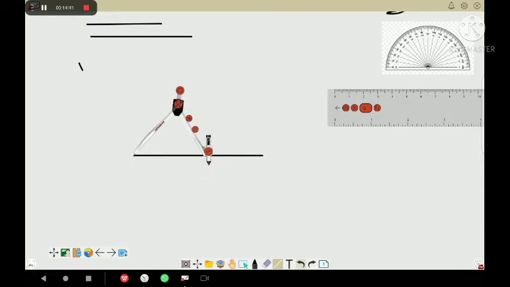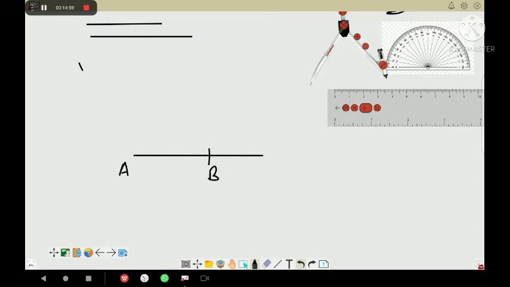So if we take an arc of 5 centimeters, then give name AB. Okay. A, B. Now we need to draw one 90-degree angle here.